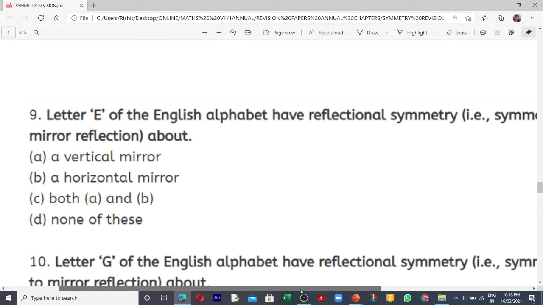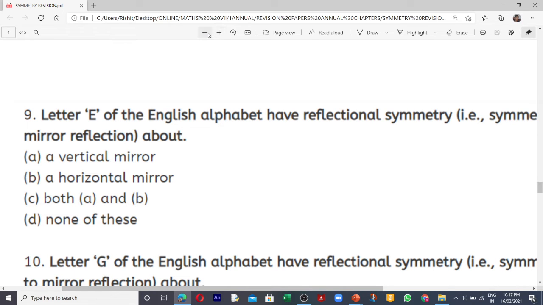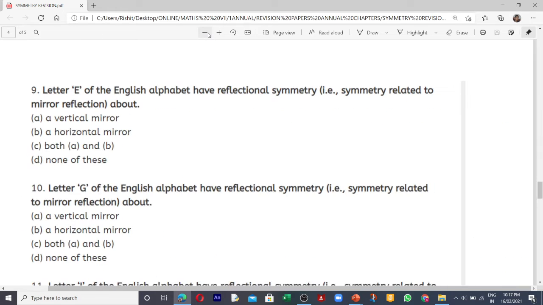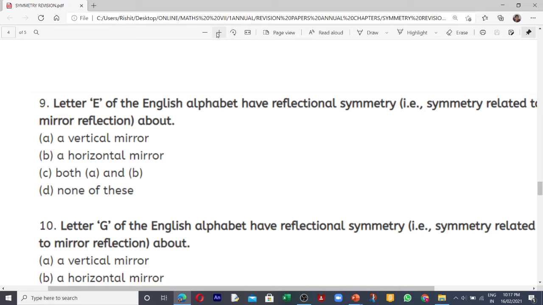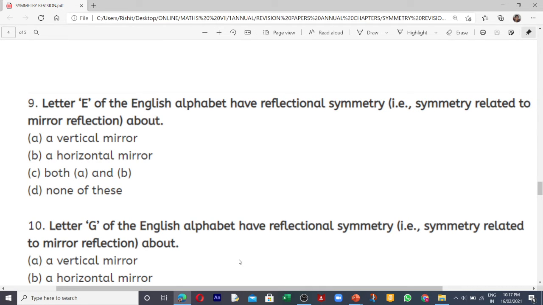This question is about the letter E. The letter E of the English alphabet has reflection symmetry. Letter E has a reflection symmetry, that is related to mirror reflection.